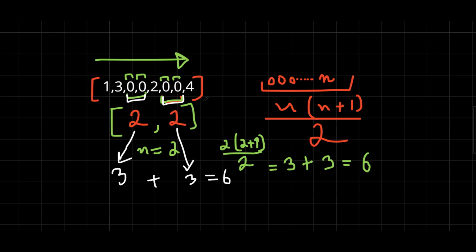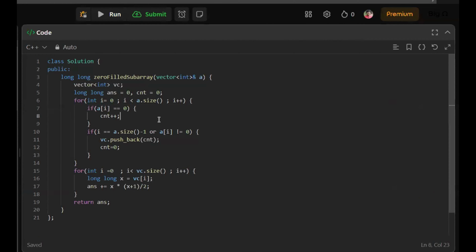Now let's move on to the code. In this problem, the code is pretty simple. At first, we are given a function named zerofilled subarrays, and the input is an array. After that, we take a vector VC to store the lengths of the continuous subarrays which have only the element 0. After that, we take a variable answer and a variable count.